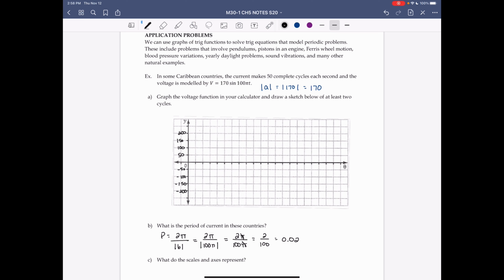So one period occurs every 0.02 on the x-axis, which means to sketch the graph of at least 2 cycles, I only need to go up to 0.04.